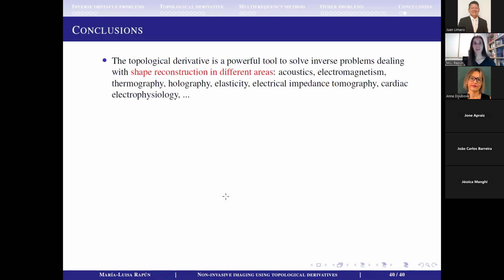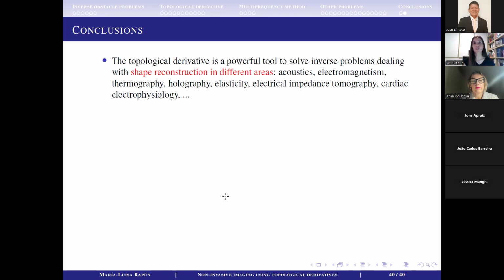So just to conclude, I hope I have given you an overview about the use of these kind of techniques based on topological derivative computations, and also to make you visualize that it is a very, very powerful tool in many different areas of interest.